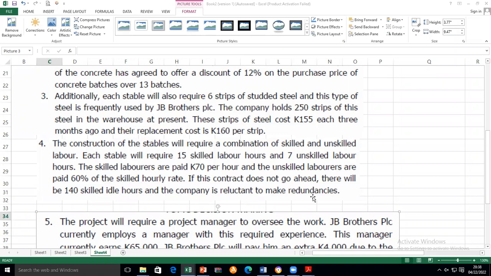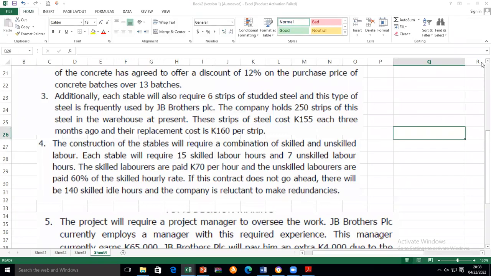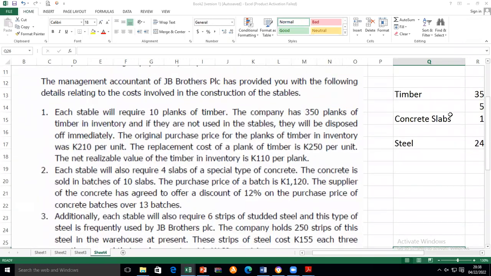If this contract does not go ahead, there will be 140 skilled idle hours. Idle hours. So let's do our analysis and tell me what I must put. First of all, we'll break down the labor. There are two groups. What are the two groups that we have? Skilled and unskilled.